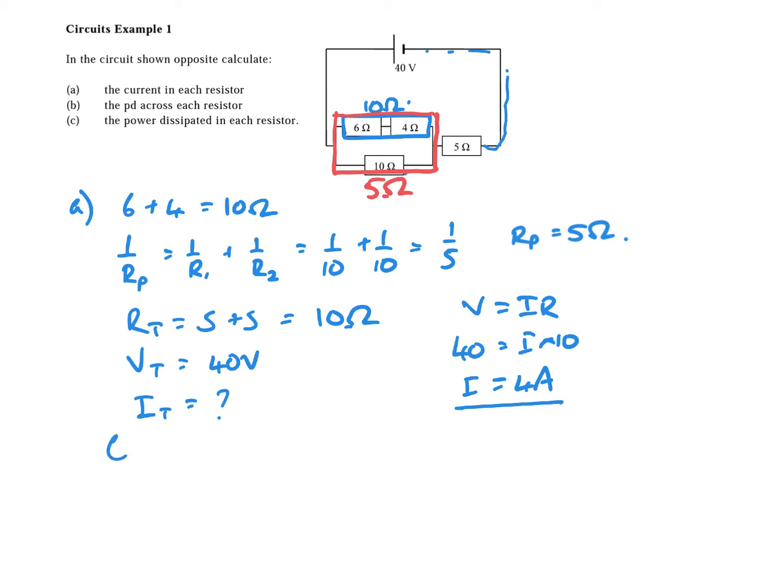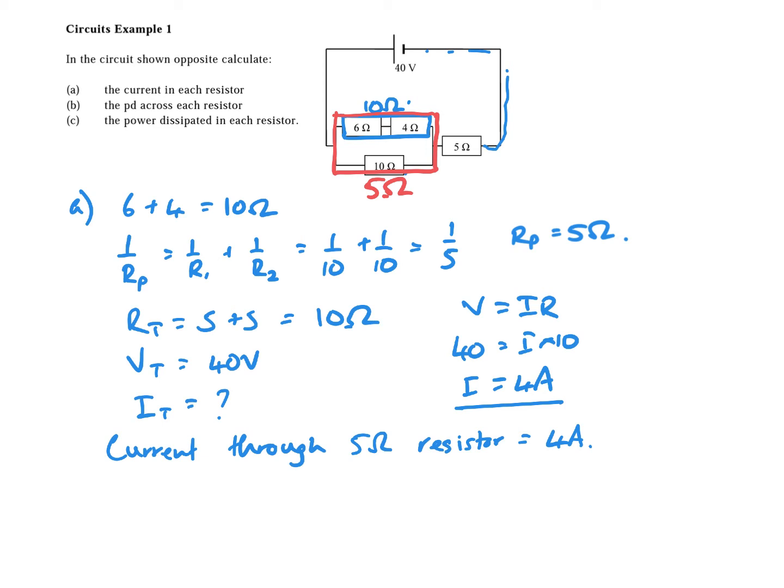Okay, so current through 5 ohm resistor is 4 amps. I'll then get to this parallel branch, and the bottom branch is 10 ohms, and remember the top branch is 6 plus 4, also 10 ohms. So it will split evenly at that point.